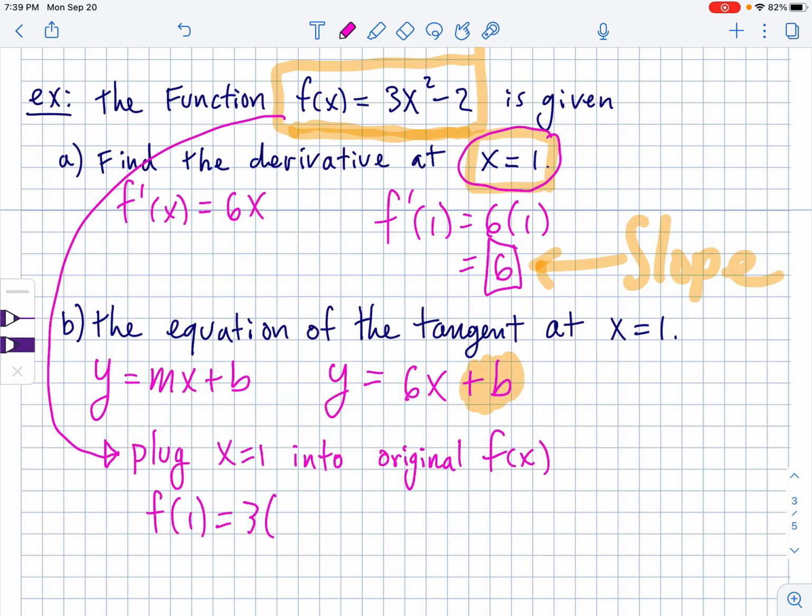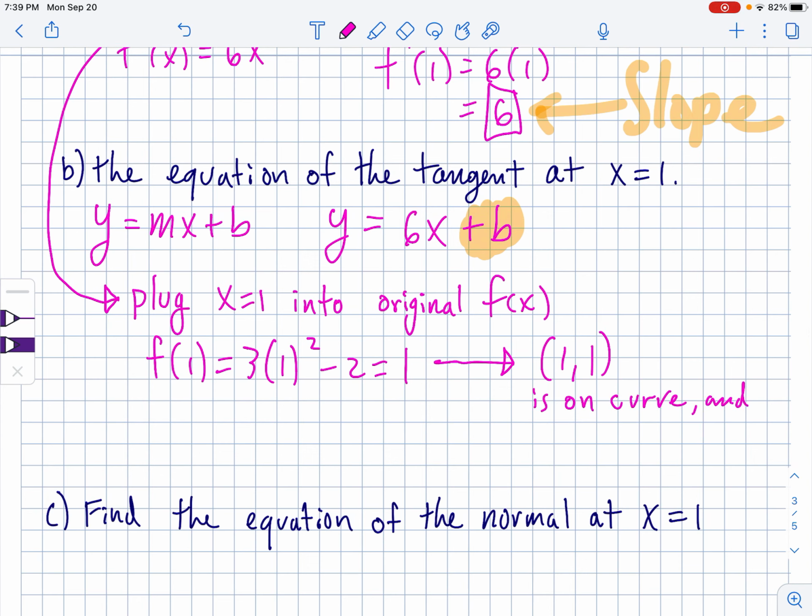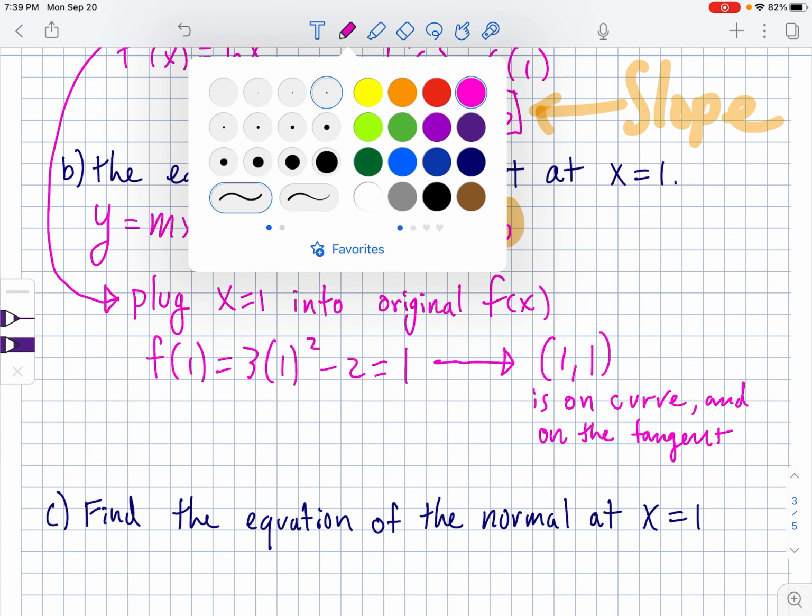So f of 1 is equal to 3 times 1 squared minus 2, which is 1 as well. So that means 1 comma 1 is on the curve and on the tangent. I did not leave enough room.